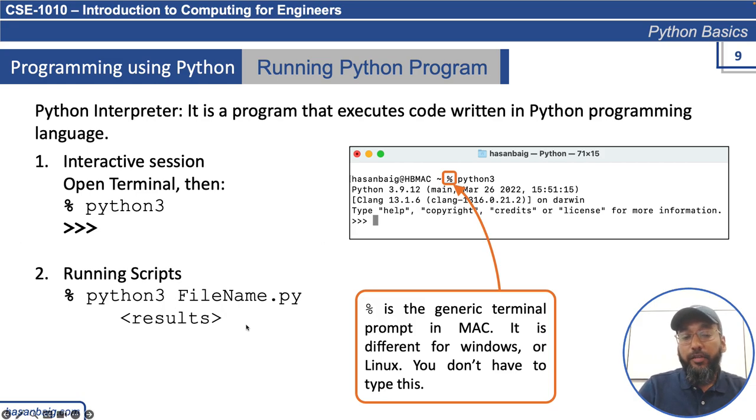Many a time, in fact 99% of the time, you would be interested in developing a Python program and storing it on a computer so that you can execute that program later on as many times as you want. So you would simply write a Python program in a separate script and save it on your computer with the .py extension.